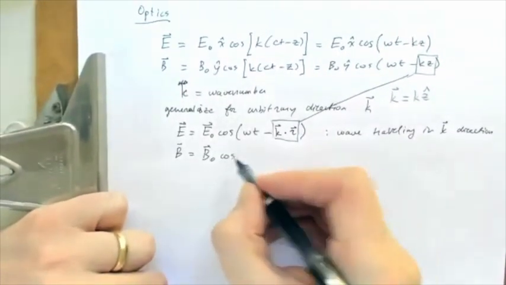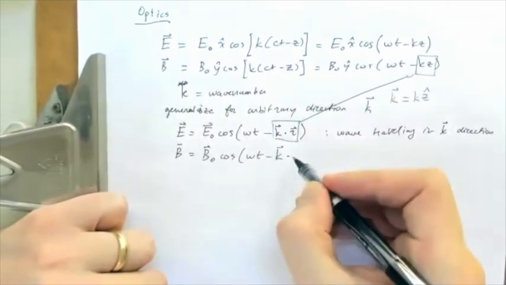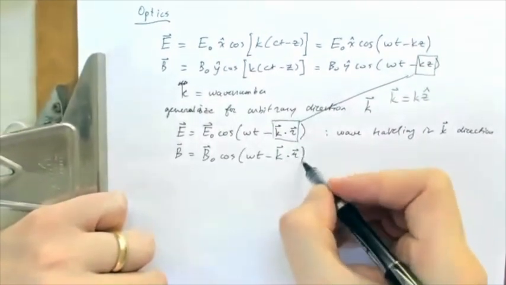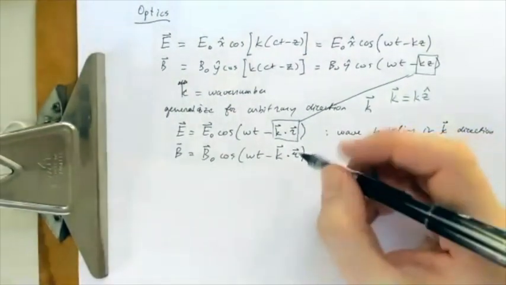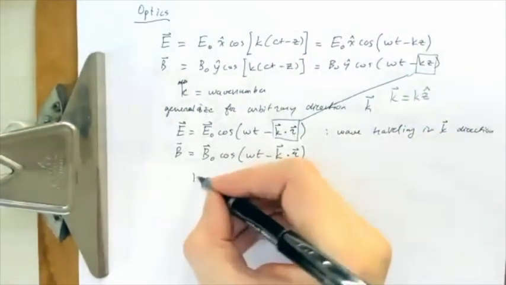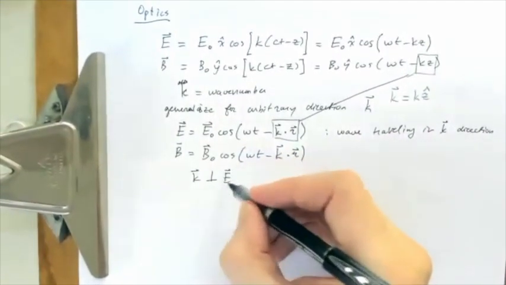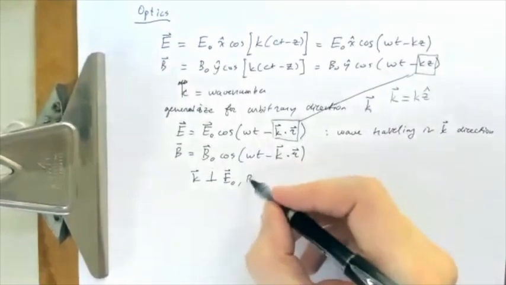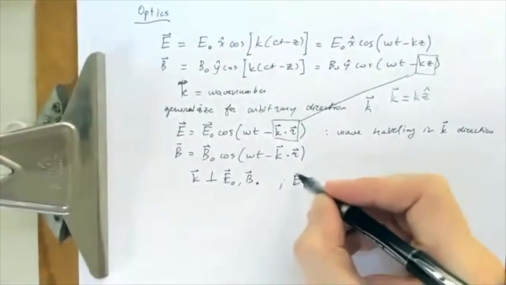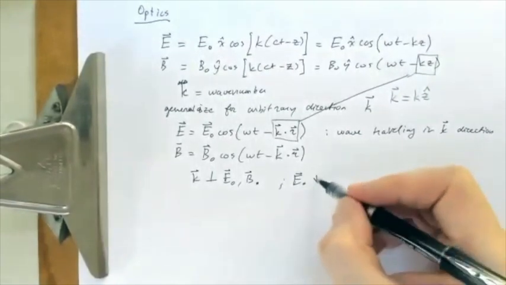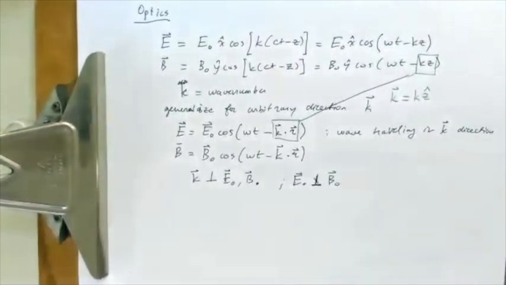There's a similar K R vector, and then we say that K is perpendicular to E naught and B naught, and therefore E naught is perpendicular to B naught as well.